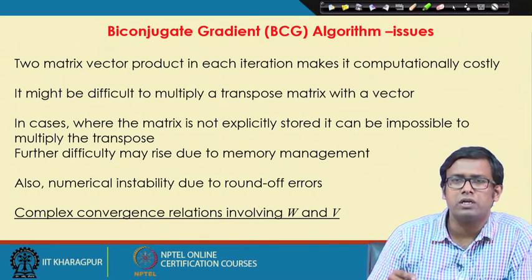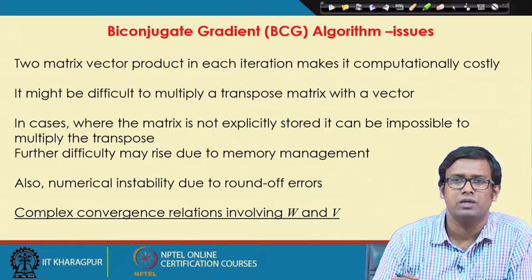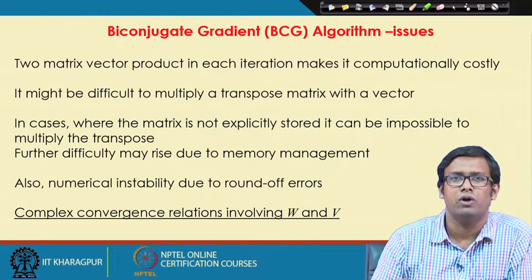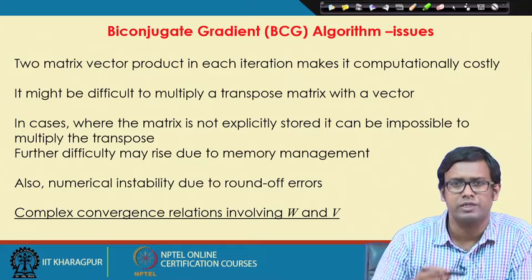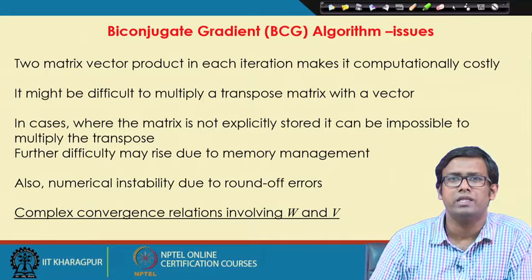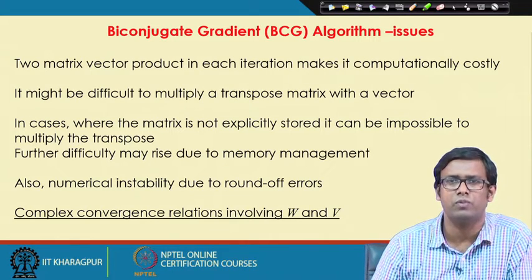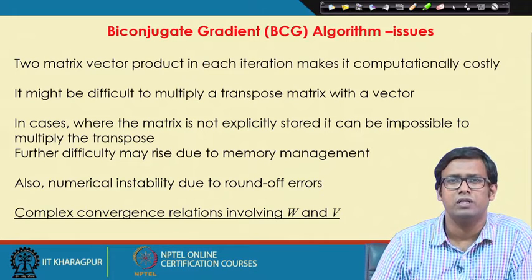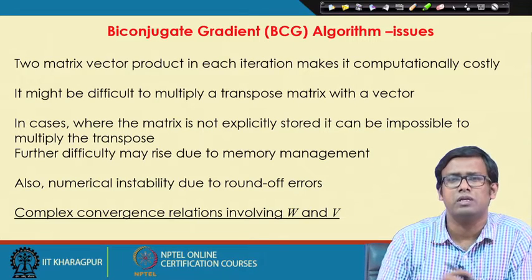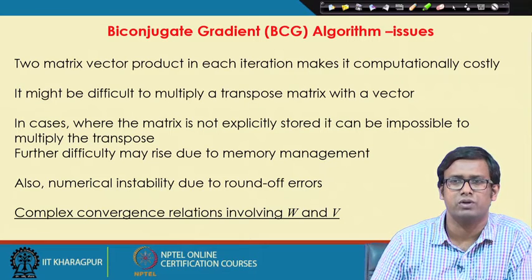So, considering all this, this is an oscillatory method, and on top of that there is some numerical oscillation, so the entire method might give us a wrong result. Also, there can be implementation issues due to matrix transpose multiplication. So, two things have to be seen. One is how we can avoid the matrix transpose into vector multiplication, which is very important for the actual performance of the solver, because until now we have only discussed how many iterations it will need and what the computational costs are.